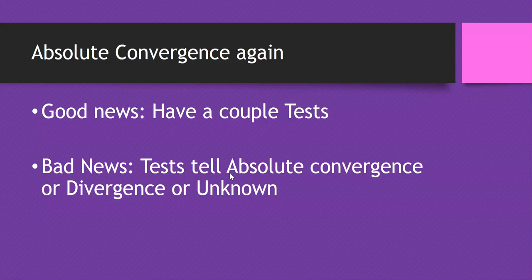The outcome is either going to show that the series converges absolutely or diverges, or, and here's the tricky part, there's a third prong which is unknown. So we're going to have three options: an absolute convergence option, a divergence option, and then unknown, which basically means, hey, this test doesn't work for this series.